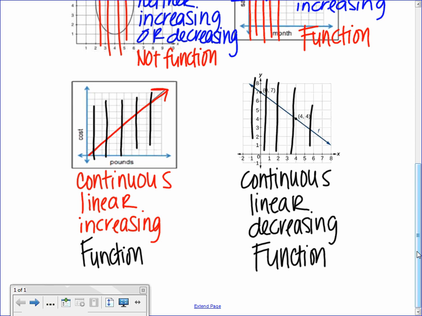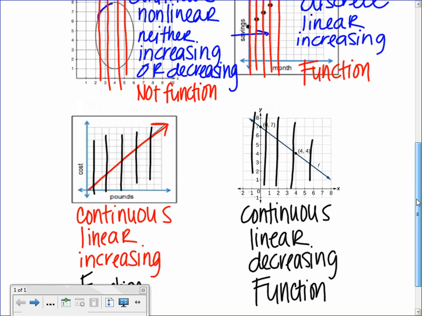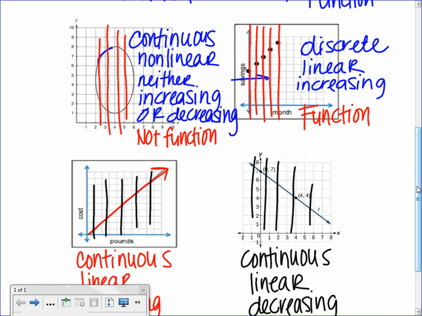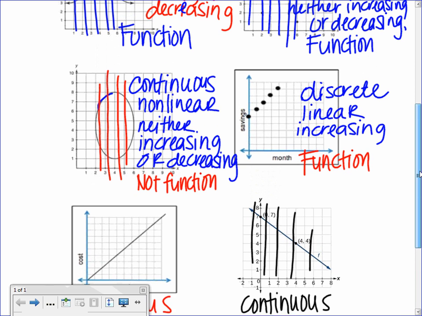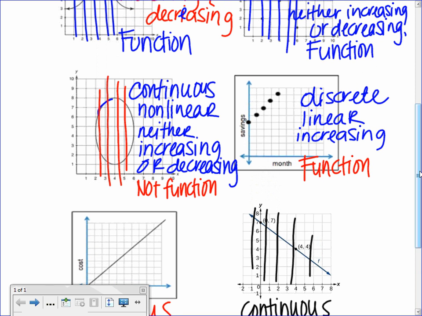Now I want to go back to two of the problems because they have a little bit more meaning to them, connecting why this one is discrete and why this one down here is continuous. So up here, this is discrete data. It's never going to connect because I would never compare in between these points.